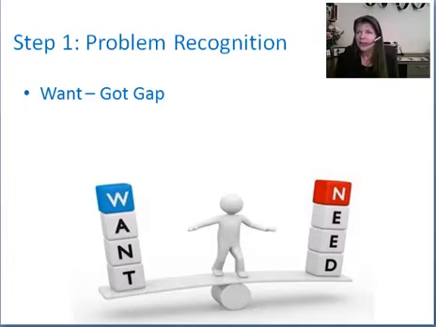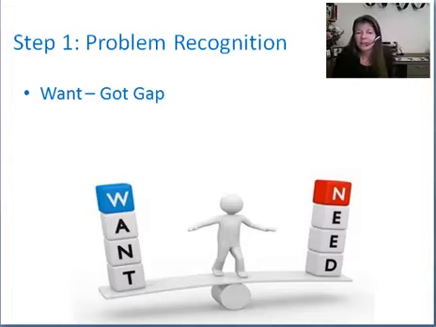So let's just say, for example, that you have a 2000 Ford Focus and you want a Lexus. But a Lexus may not be realistically in your budget, right?